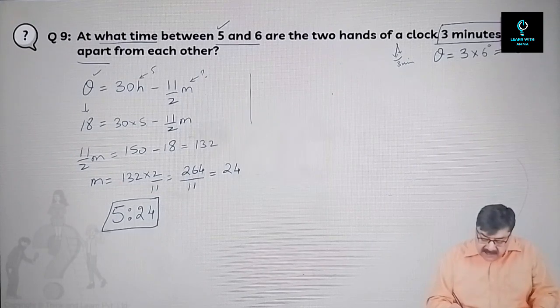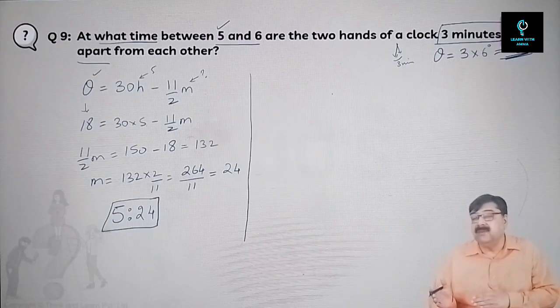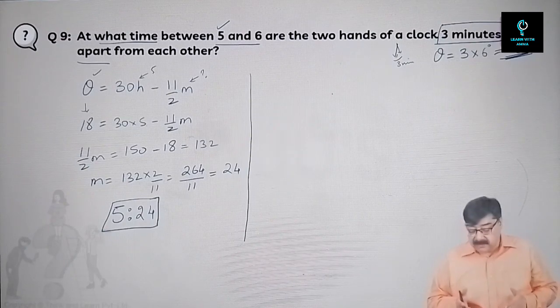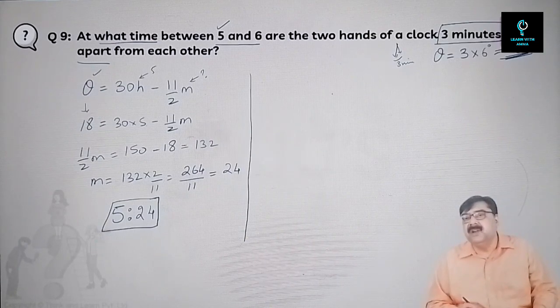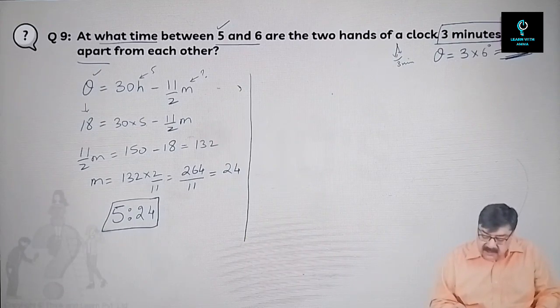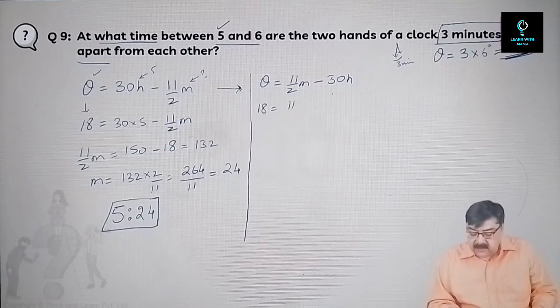But then, as I told you, this is 18 degrees. That is, any other angle apart from 0 degrees and 180 degrees is formed 22 times in 12 hours. So there might be another timing. Let us say 5:24 is not given to you amongst the choices. Then what do you do? Well, you rewrite this formula as theta is equal to 11 by 2m minus 30h. So this becomes 18 is equal to 11 by 2m minus 30 into 5.